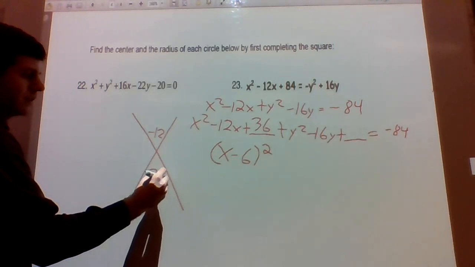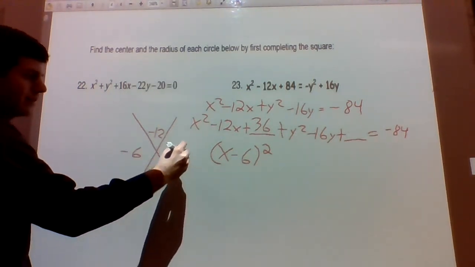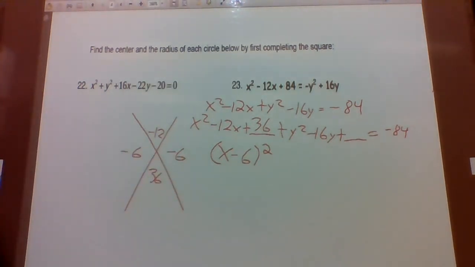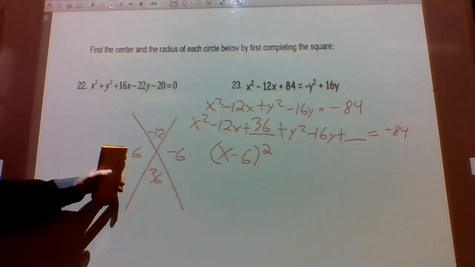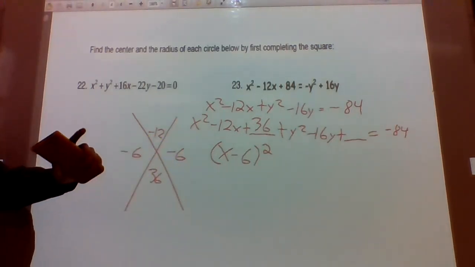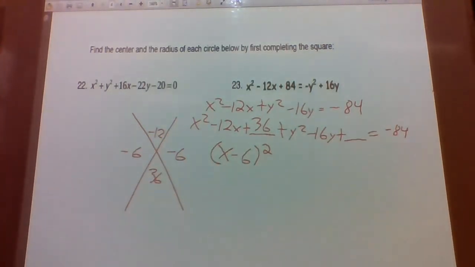That gives us 36. So we have negative 6 and negative 6, so we can have x minus 6 squared. Perfect square. The square root of it is x minus 6. X minus 6 times x minus 6 is x minus 6 squared.